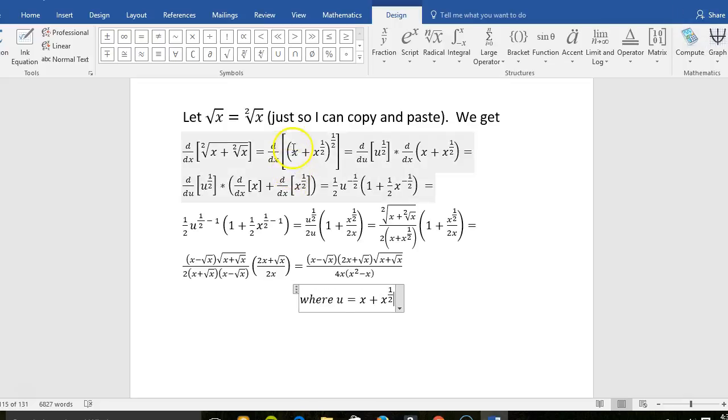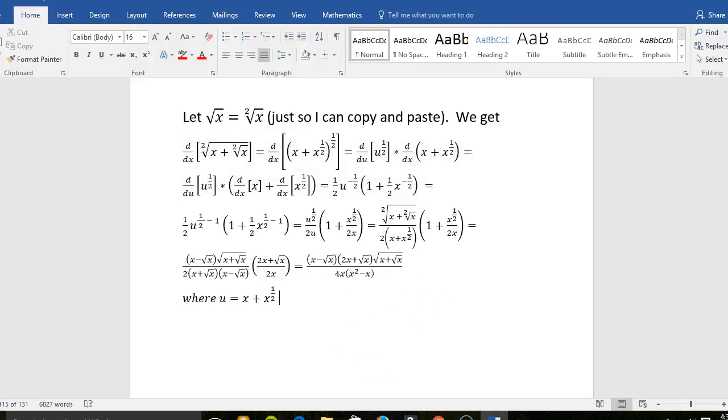So we're going to let this guy in parentheses here, this x plus x to the half, be u. So what we're going to do is chain rule. We do d by du of u to the half times d by dx of the u term in terms of x.